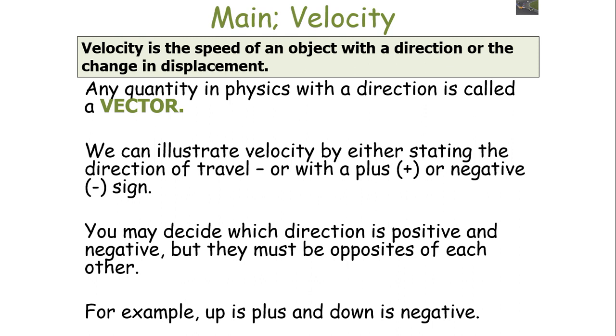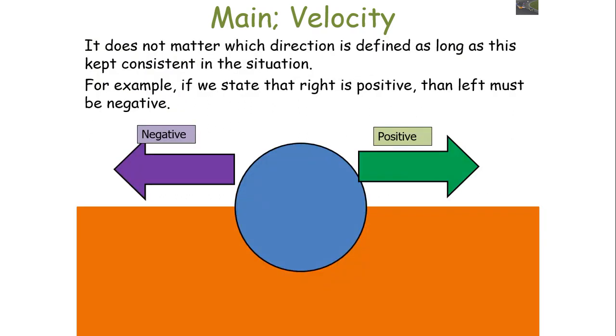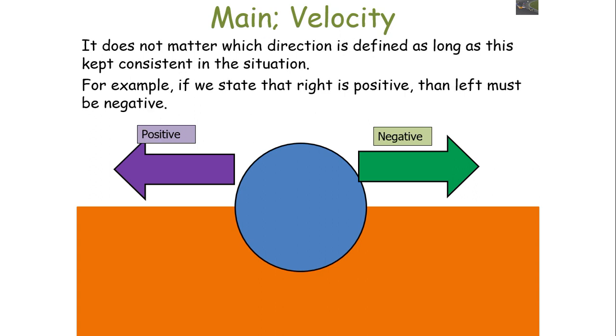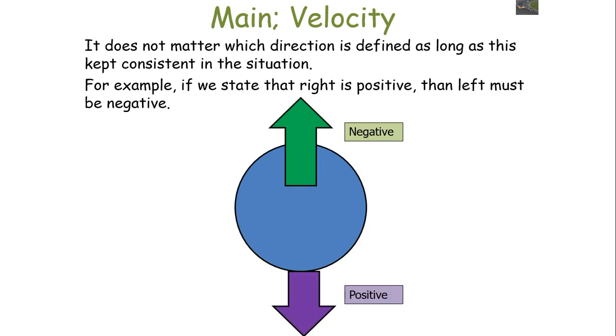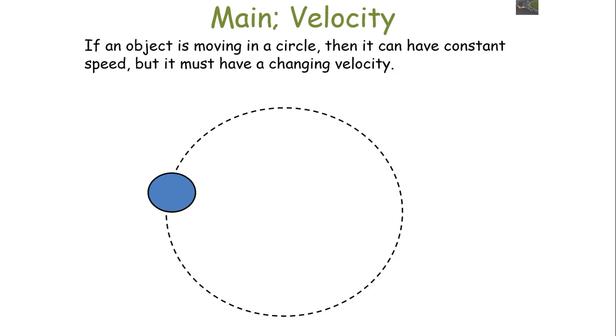So if we said up was plus, down would be negative. So in this situation, if we wanted to keep the direction consistent, we might say right is positive and left is negative. But you could also quite as easily say that left is positive and right is negative, or we could say that up is negative and down is positive. It's just as long as you keep your notation consistent, you are fine.